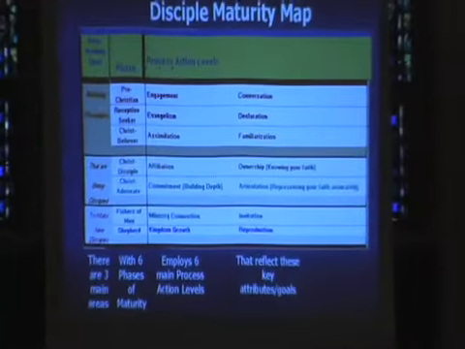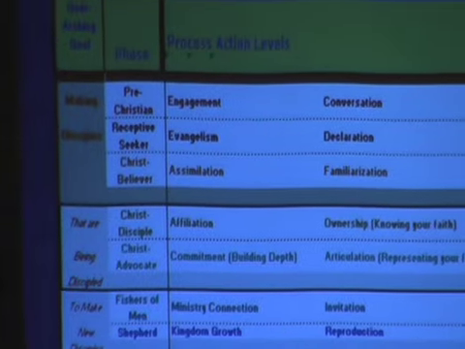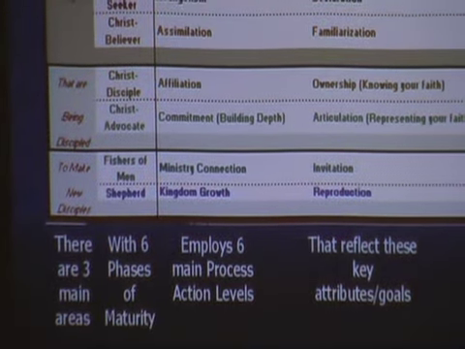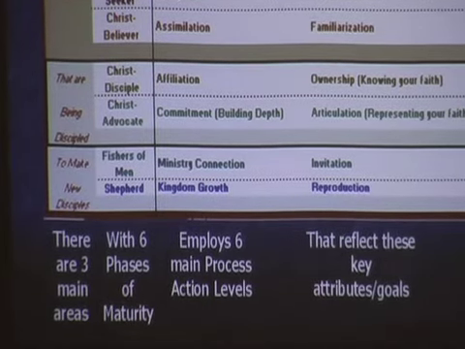This is a very small collapsed version, for the sake of this presentation, of what we've got. It deals with three main goal areas. On the left side is our underlying mission statement, that we are disciples making disciples who are also being discipled to make new disciples.